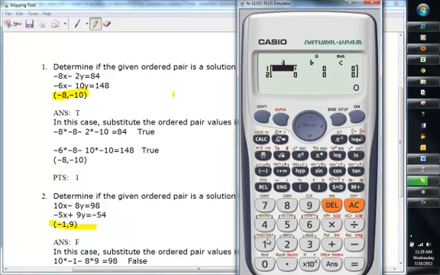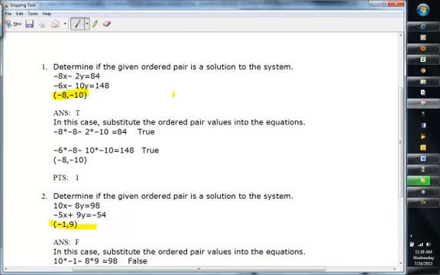So let's do number 1, and we just fill in the coefficients. -8, -2, and 84. So those are my coefficients for the first equation.